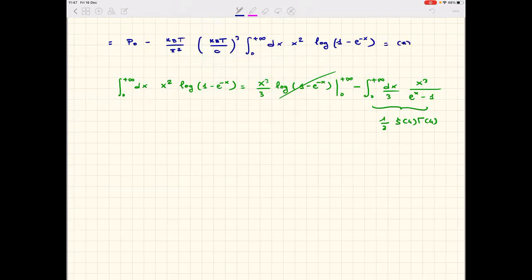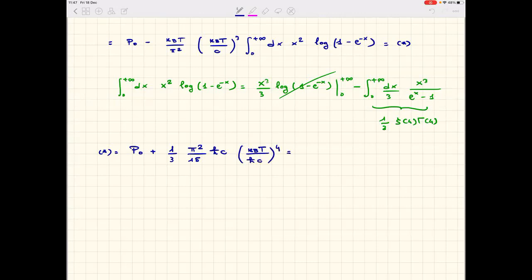Therefore, I substitute up there, I look at the values of zeta 4 and gamma 4, and I get that this is equal to P naught plus 1/3 pi squared over 15, then c, and then k_B T. Well, let me put back h bar: k_B T over h bar c to the 4th.